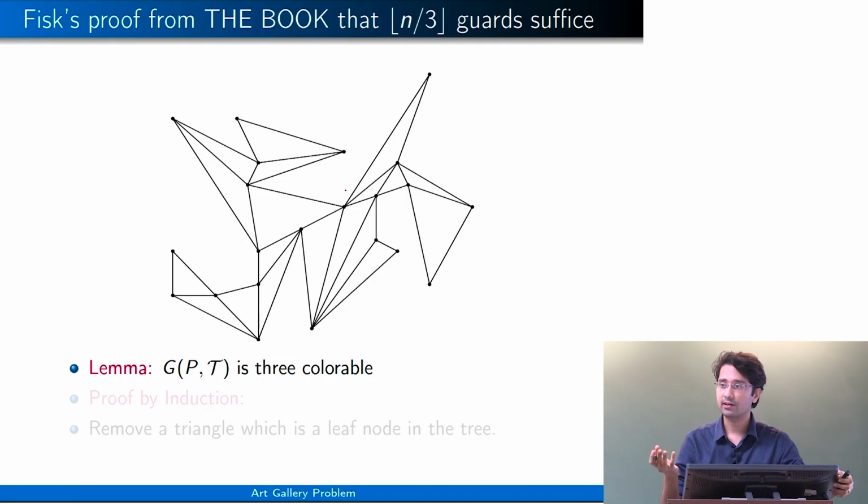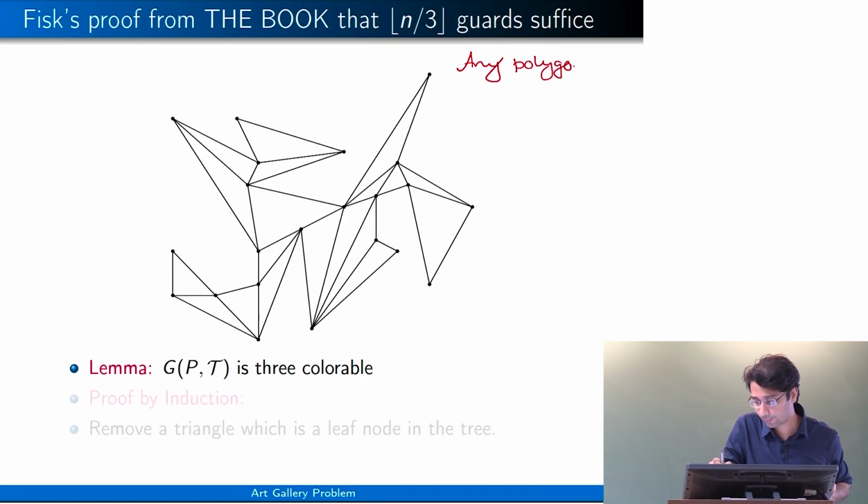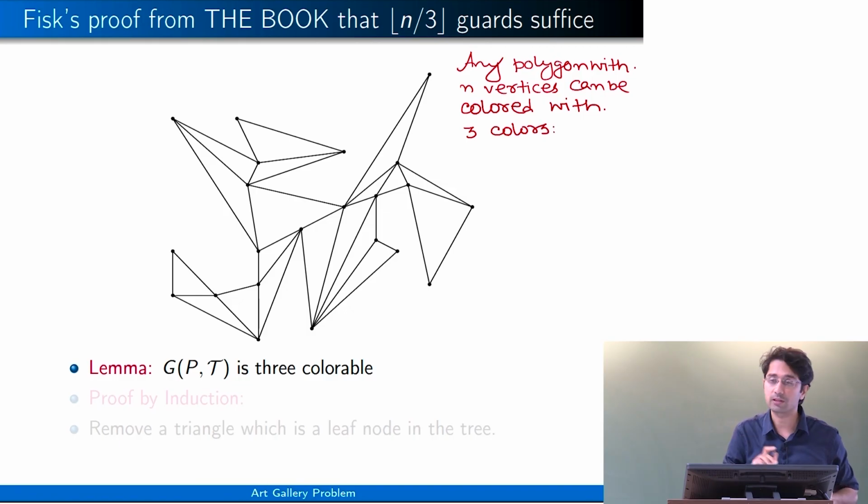What is the base case? I have a polygon with 3 vertices, I can color it with 3 colors. So I am trying to prove that any polygon with n vertices can be colored with 3 colors by induction.